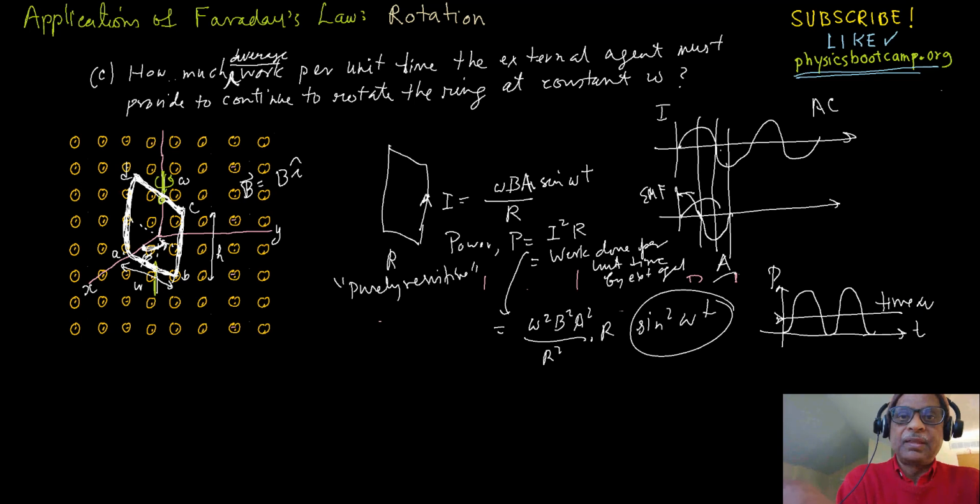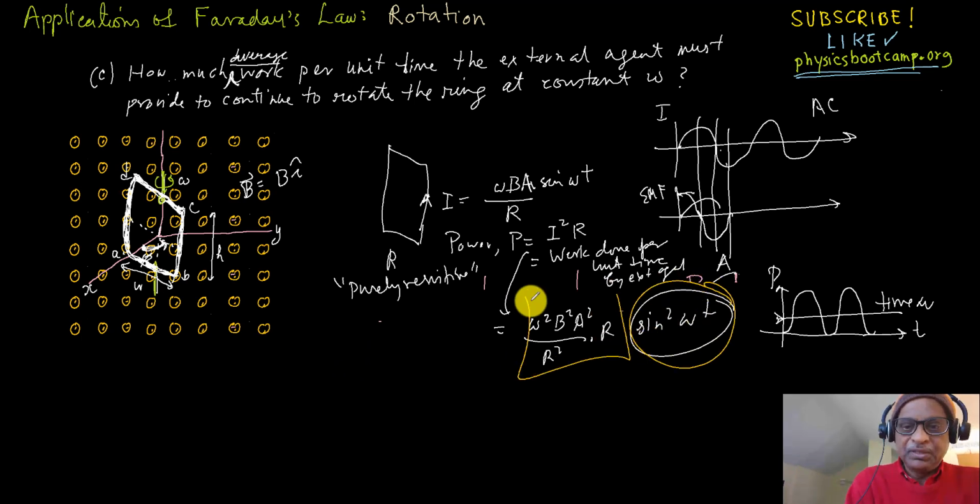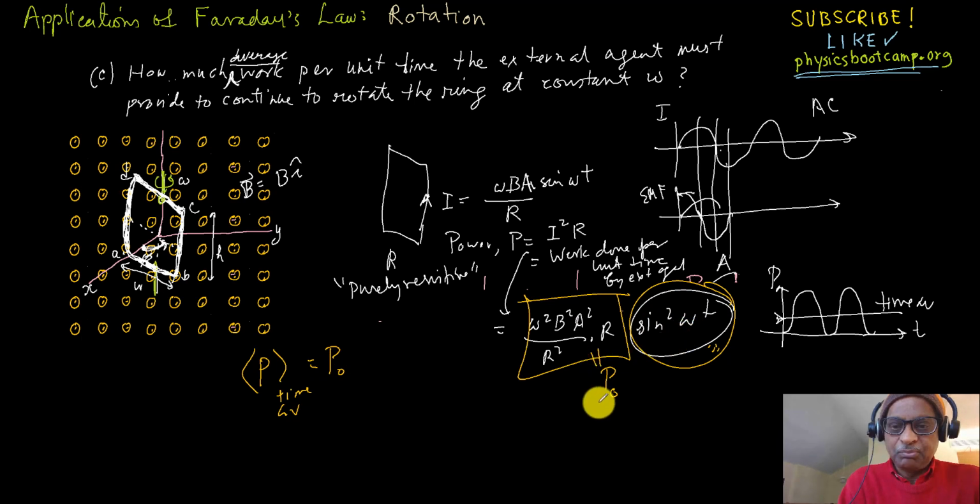So let's do the time average. So this is what the time is. So power time average will just be this quantity, which let's call P0.